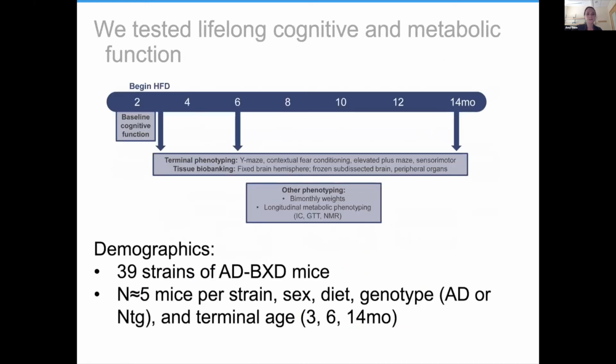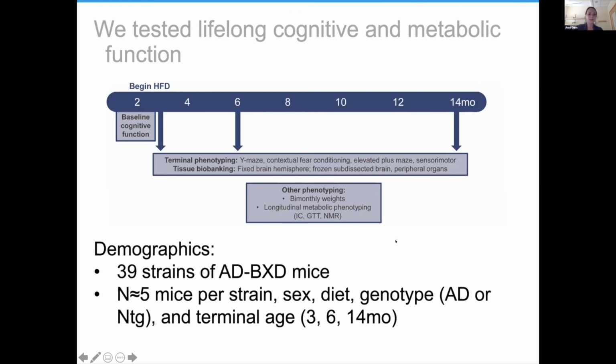So to give you an idea of the scale and the timeline of this study, we start feeding mice a high-fat diet or continue them on chow starting around 2 months of age. And then for the duration of their life, we take longitudinal cognitive and non-cognitive phenotyping, and we collect tissue at 3 time points: an early adulthood, a pre-symptomatic stage, and a later symptomatic stage.